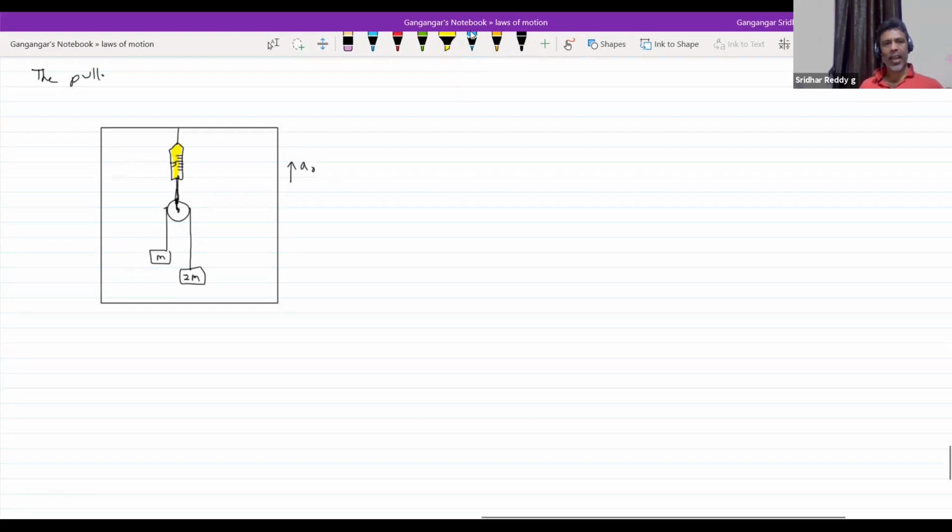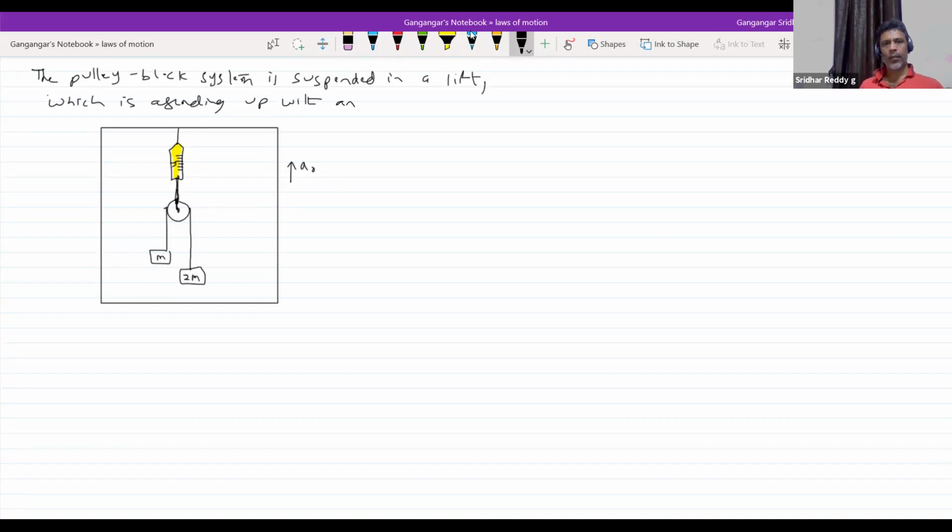The pulley, the Atwood machine or the pulley block system, is suspended in a lift which is ascending up with an acceleration a naught.